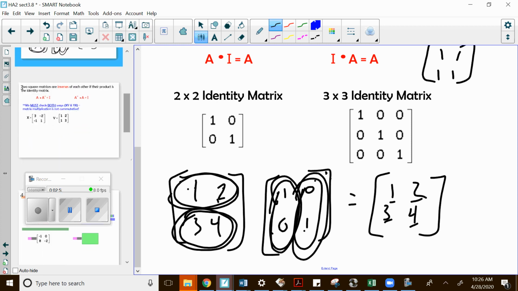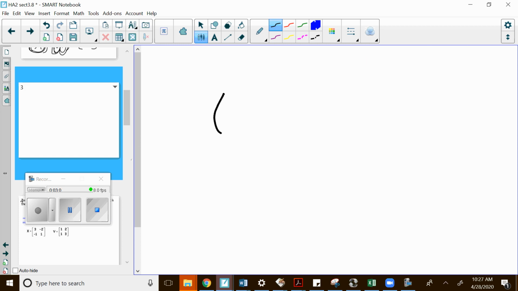But if there's an identity matrix, then there's also something called an inverse matrix. Here's the deal: if 6 times 1 is equal to 6, there's something that can take 6 and get it back to 1.